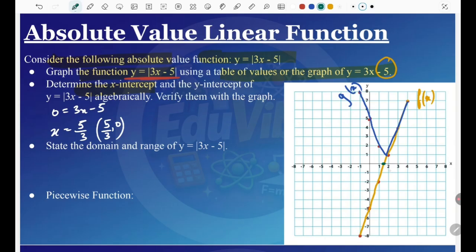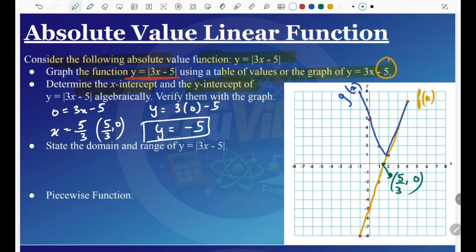This is your x-intercept. For your y-intercept, you have to put x is equal to 0. So y is equal to 0 minus 5. You will get minus 5, which you already plotted in your graph. So this is 0 comma minus 5.